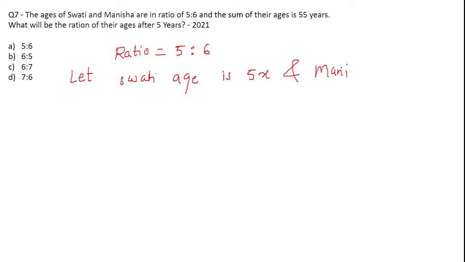So let Swati's age be 5x and Manisha's age be 6x. Okay, now the sum of their ages is given, that is 55 years.